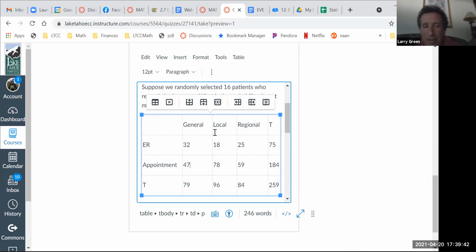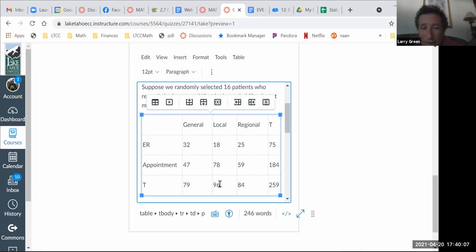How many people had local anesthesia? Here's a hint, T for total.